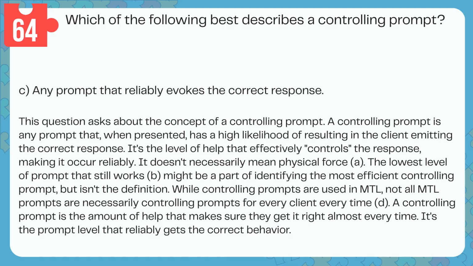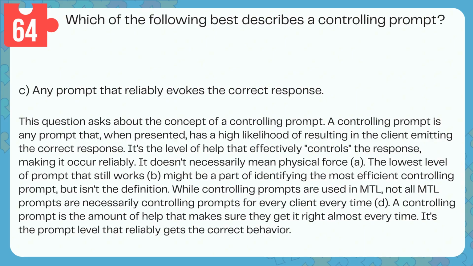Explanation. This question asks about the concept of a controlling prompt. A controlling prompt is any prompt that, when presented, has a high likelihood of resulting in the client emitting the correct response. It's the level of help that effectively controls the response, making it occur reliably. It doesn't necessarily mean physical force. A. The lowest level of prompt that still works.